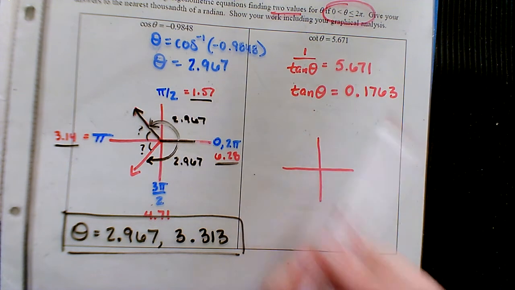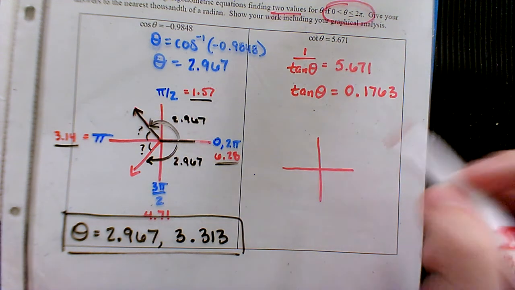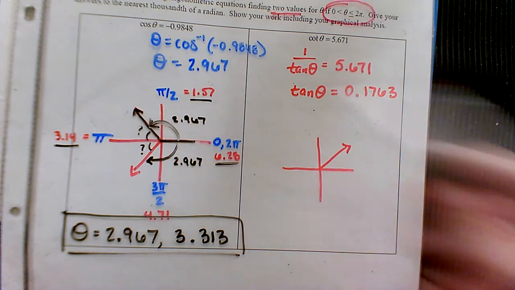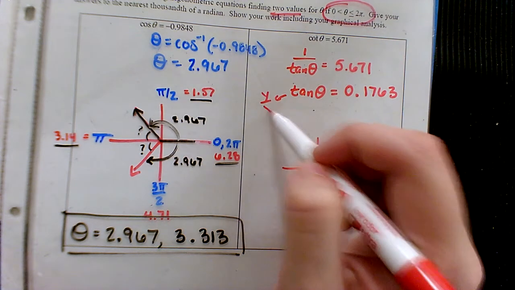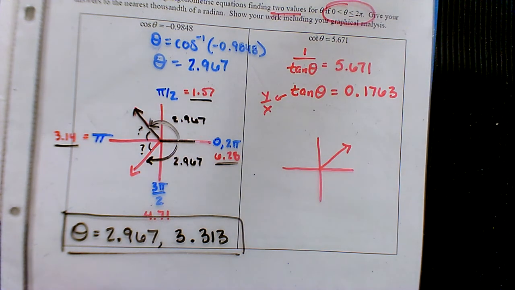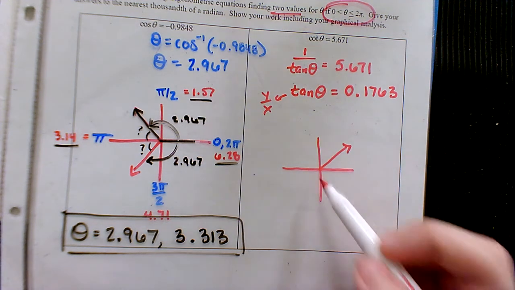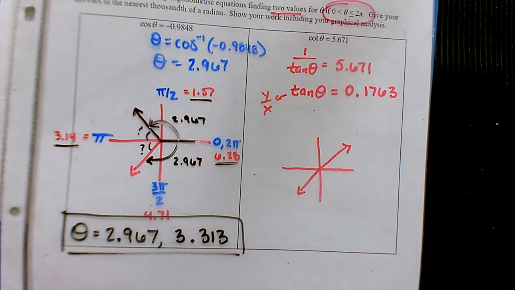We have a tangent value that's positive. Which quadrants are the angles located in? Yeah? 0 and 90. Okay, so definitely in quadrant 1. Remember, tangent is y over x, so we need a positive fraction. Yeah? It could also be in 3, where both x and y are negative. Okay?